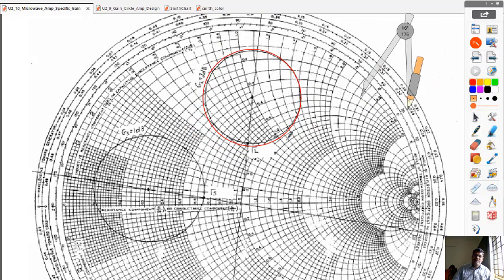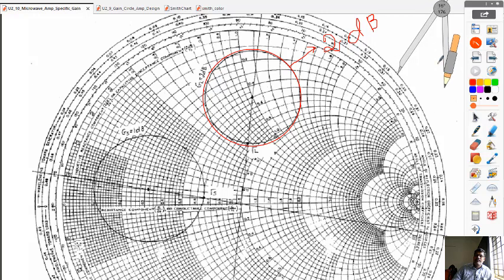So this circle is the constant gain circle at the load end, which is the 2 dB circle. So this is the 2 dB constant gain circle. On the circumference of the circle, every point has the same gain of 2 dB.